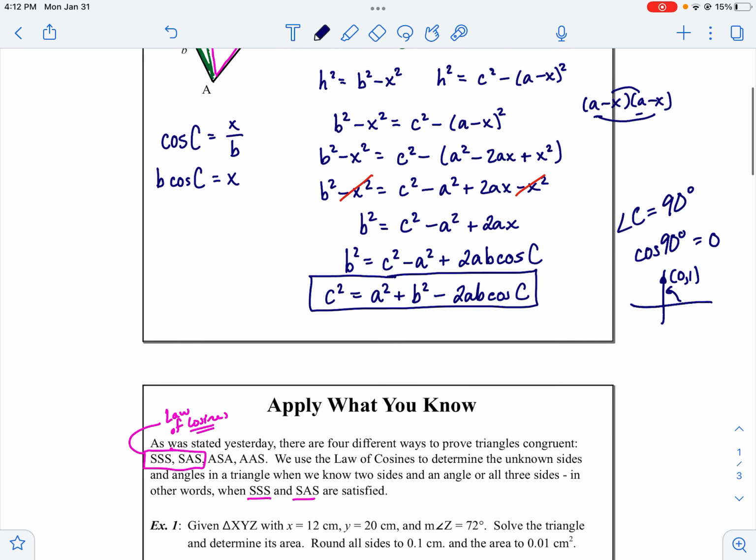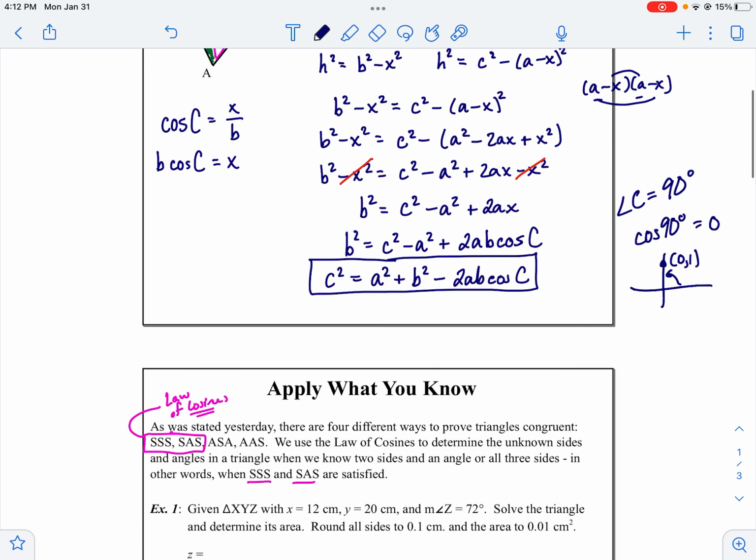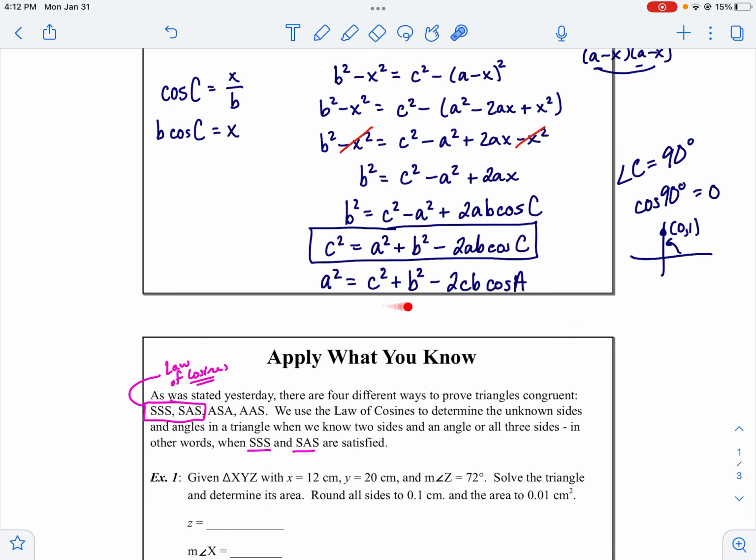Now, that is how we write it. We can move the letters around. For example, we could say a squared equals c squared plus b squared minus 2cb cosine of a. That'd be another way to write it. The main thing is that whatever angle I choose here, the side across from it is over here. Okay, so across from each other in the equation.